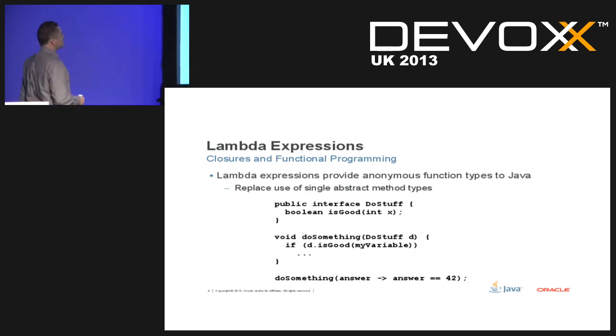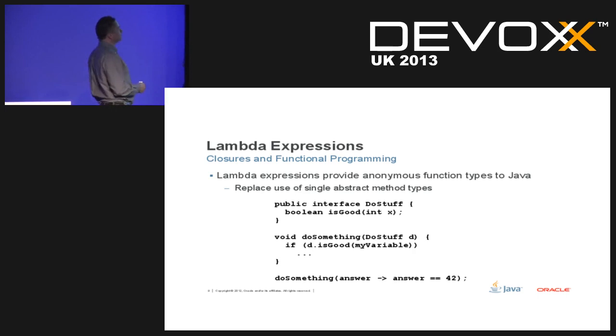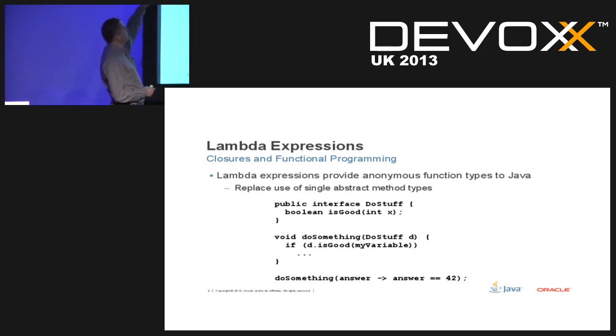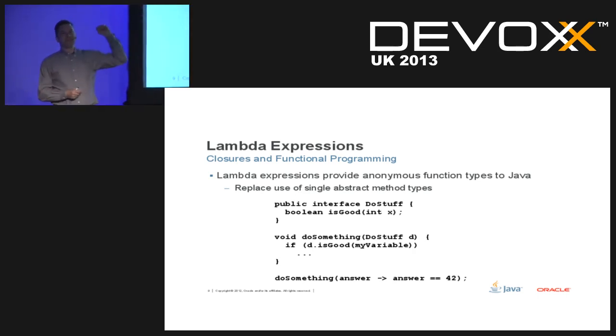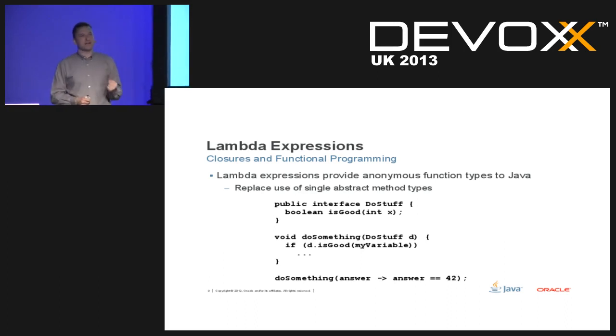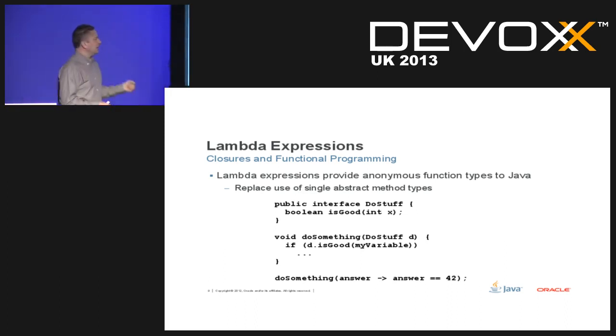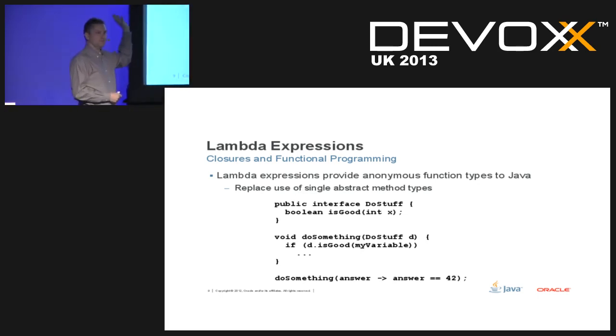So here I've got a very simple example of how we might use a Lambda expression. We have an interface, the good old single abstract method type interface. In that, I define a method called isGood that returns a Boolean and takes a parameter of integer x.